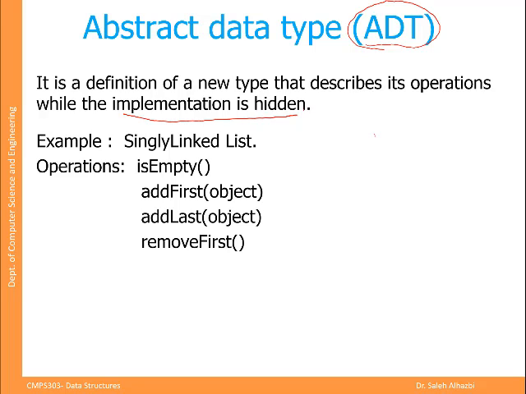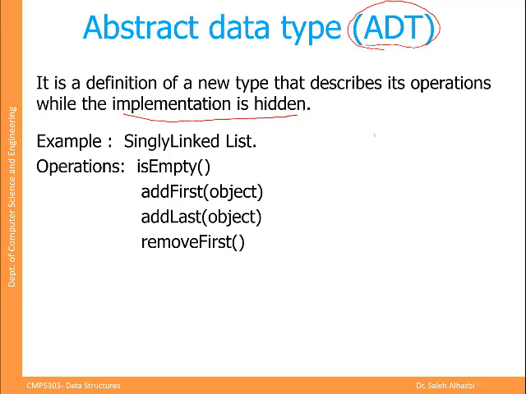For example, when we developed linked lists, singly or doubly, we would give them to someone else to use, and they would just interact with them through the interfaces: add first, add last, remove first, remove last, is empty, size. Those are the public interface or public methods.